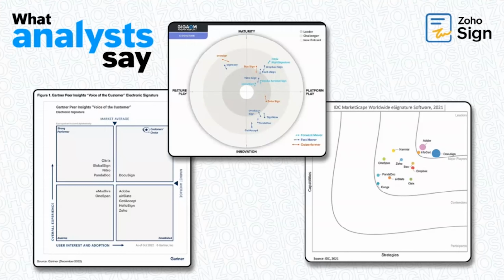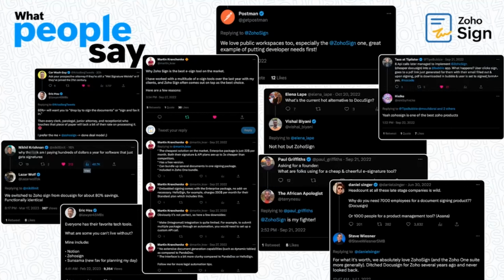It is important to be recognized by the top industry analysts and consulting firms to win enterprise deals. As you can see here, Zoho Sign has been recognized by giants like IDC, Gartner, and GigaOm. Not only the analysts, but the end users must also like the product, and there's no better way than this collage to show you how much our customers love Zoho Sign.